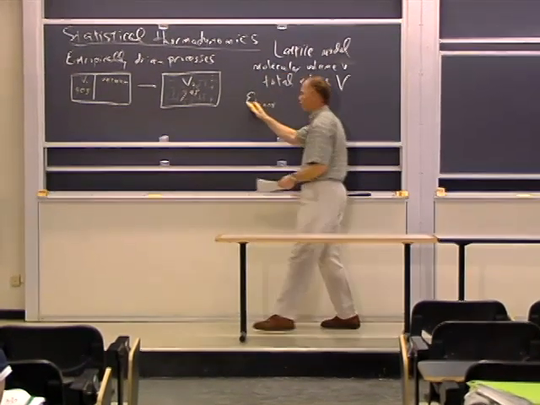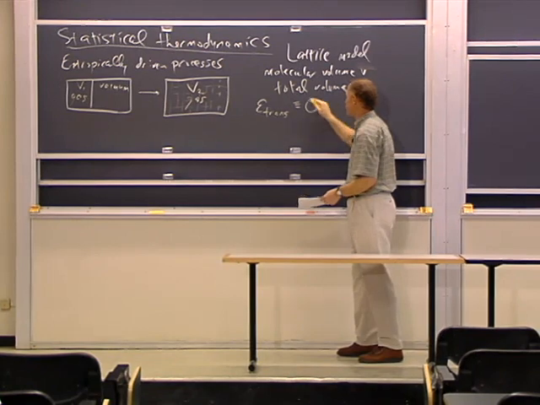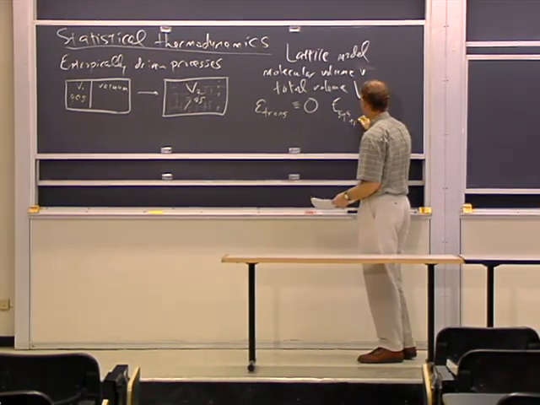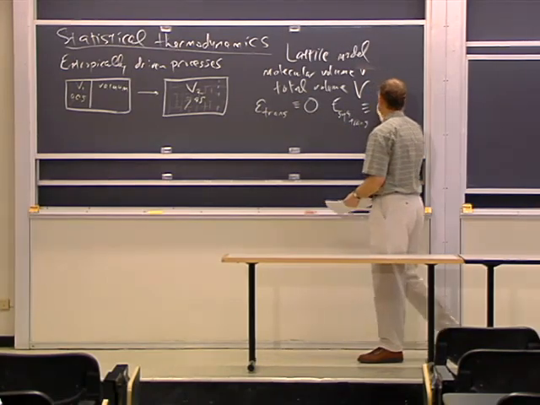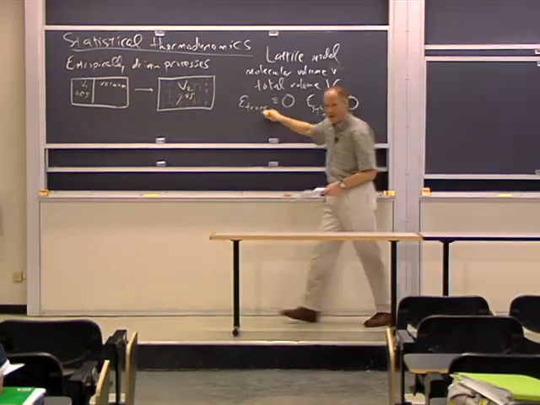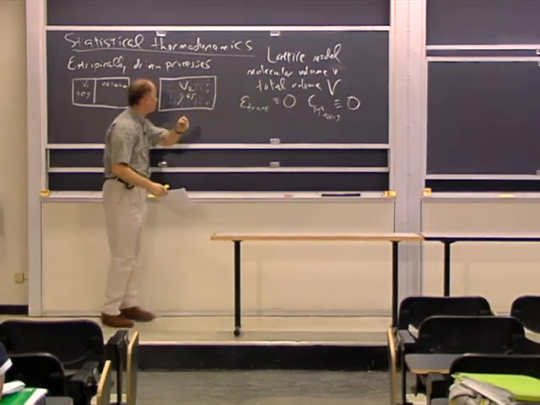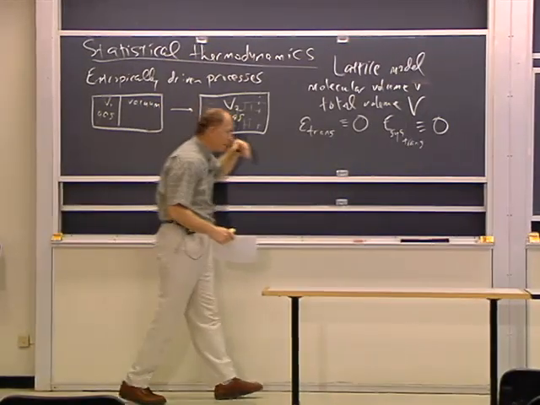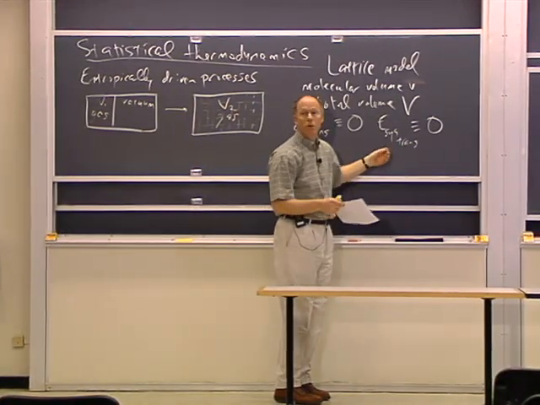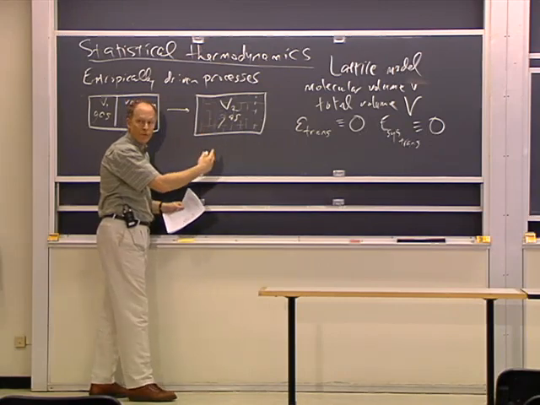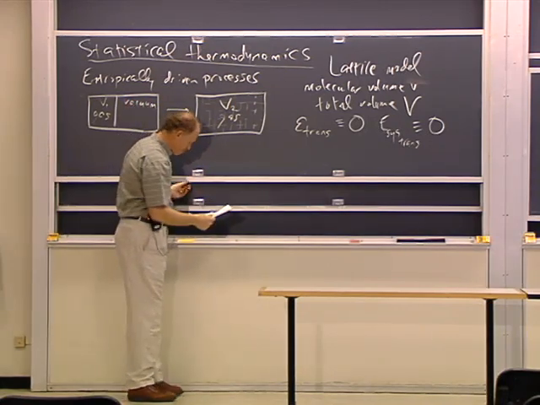So our molecular translational energy, we'll just set it to 0. Same with our system translational energy. We'll set that to 0. All the microscopic available states, that is, if I take an individual particle and I say where it can be, all those states have the same energy. If I take a microstate of the system, you know, the whole collection of the particles, all of those states also have the same energy, right?